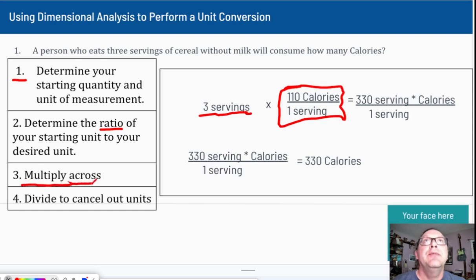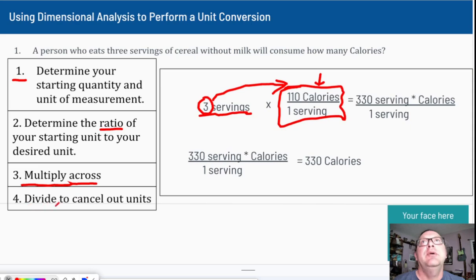Now step 3 is to multiply across. If I have set up my ratio with the units that I want to convert to on the top, so I want to end up knowing how many calories there are, I multiply 3 times 110, and I get 330 servings times calories divided by 1 serving.